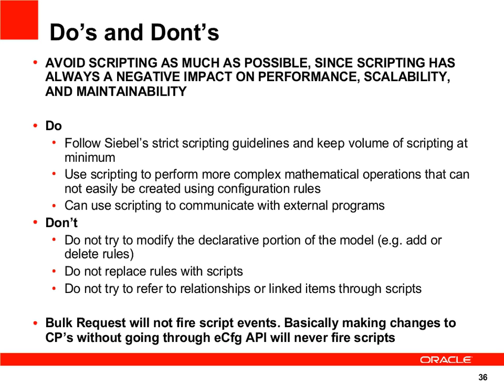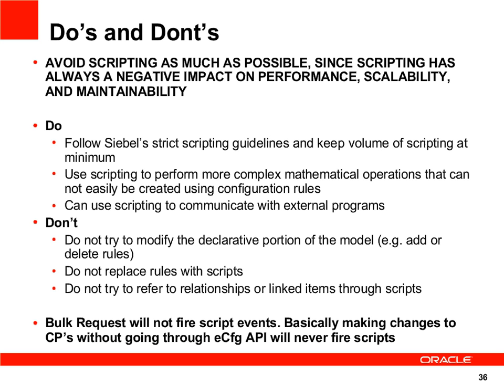You can still use all the Siebel APIs which are available outside of the eConfigurator as well. But you should simply be careful what you do. Especially don't try to replace rules with scripts, and usually don't refer to relationships or items of relationships with scripts. Link items can also be an issue.